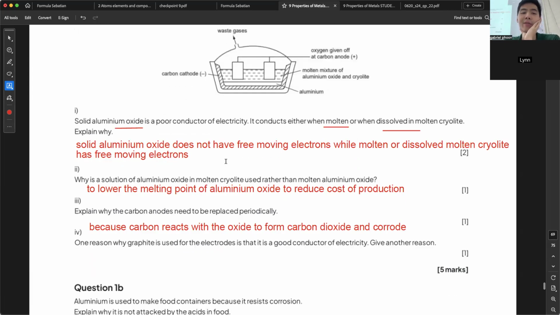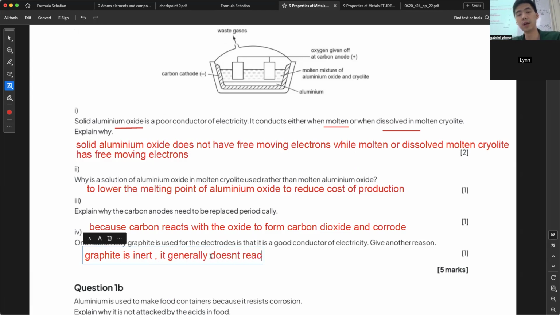How come? Good, because graphite is inert, right? It generally will not react. But it's more expensive, right? So people think that replacing carbon is better, at least it's a better running cost.